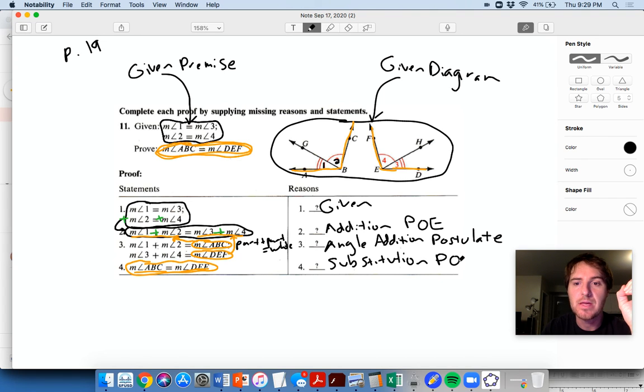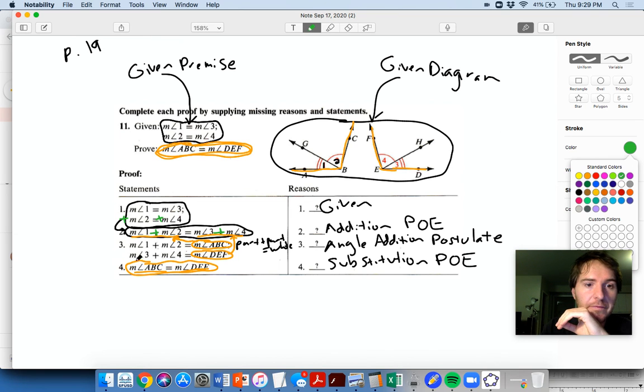I'm guessing some people will come in tomorrow saying transitive as the reason, and that's okay at this point; it's easy to confuse those. Just quick reminders on those. The reason why this is substitution is what I just explained to you, almost verbatim what the substitution property of equality is. But one way to tell the difference between transitive and substitution is that in substitution, you have 4 different statements here.